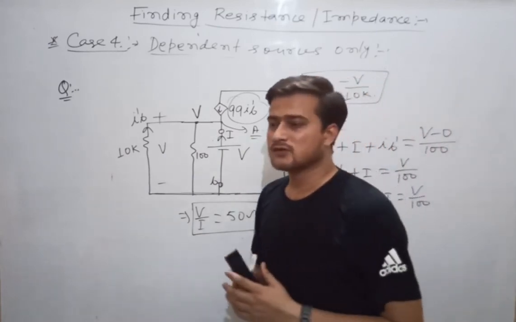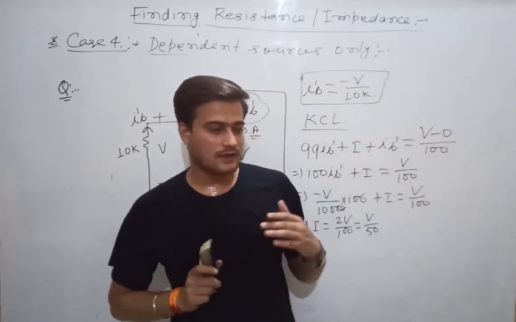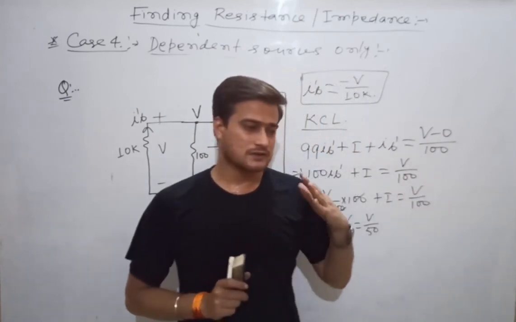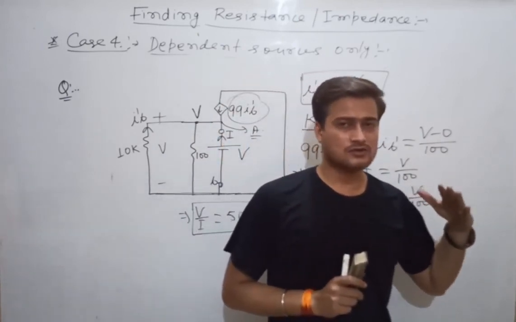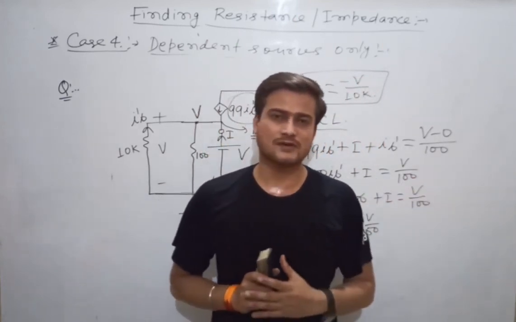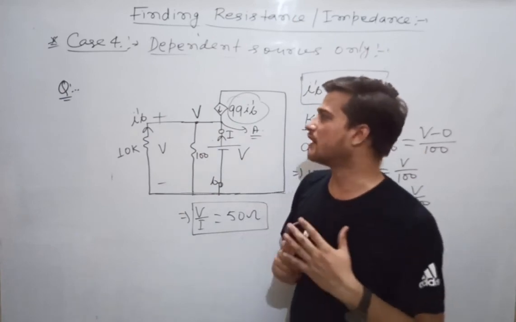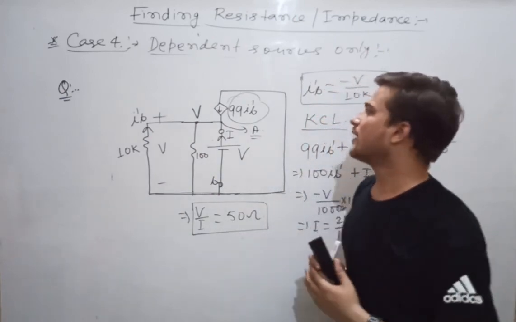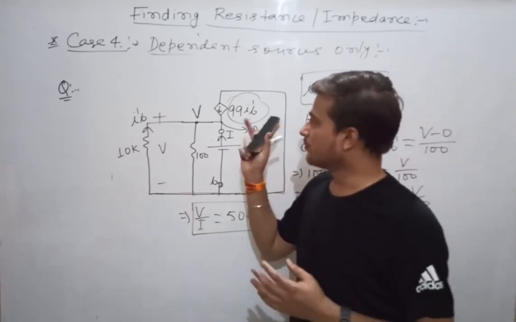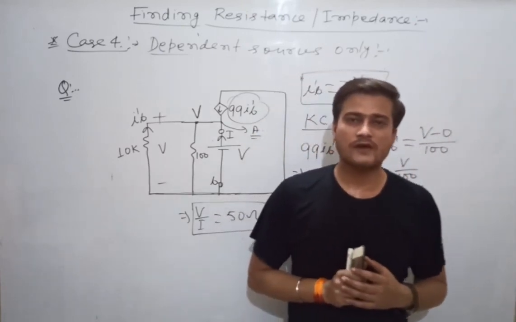Then the network theorems will become very easy for you, because when we start from superposition, Thevenin's, Norton's and maximum power transfer theorems, everywhere you will have to find equivalent resistance. So this lecture will be very useful for you.